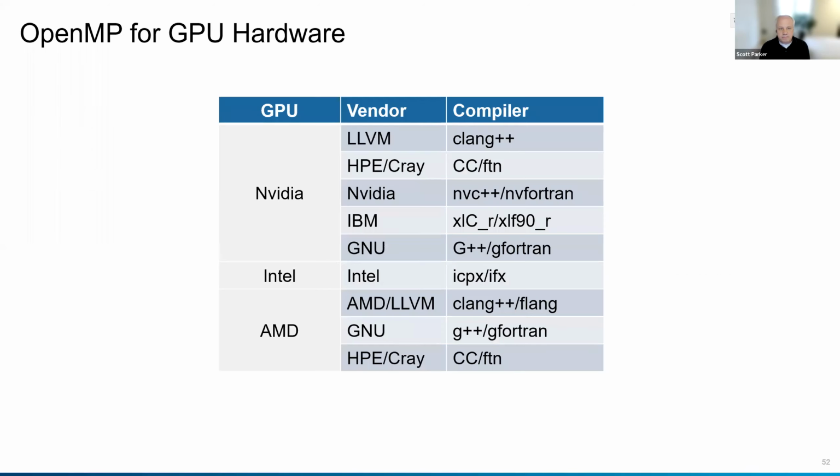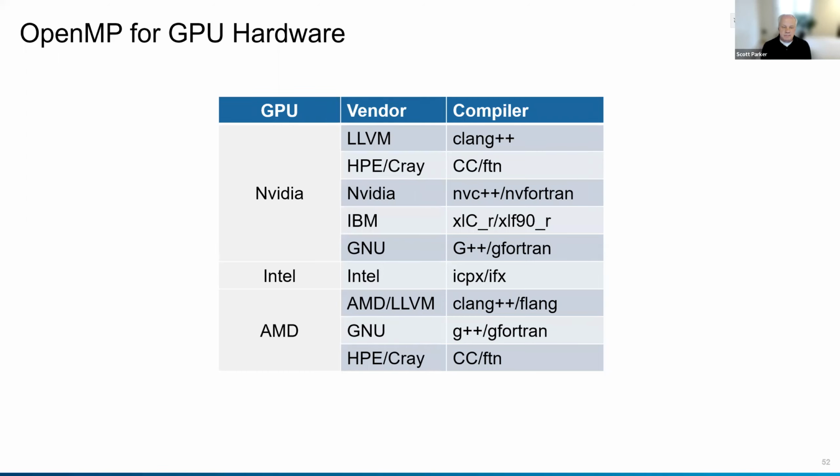Next slide. So this slide tries to capture the available or known implementations of OpenMP with varying degrees of support across the various GPU platforms today. Not surprisingly, NVIDIA has the most options.